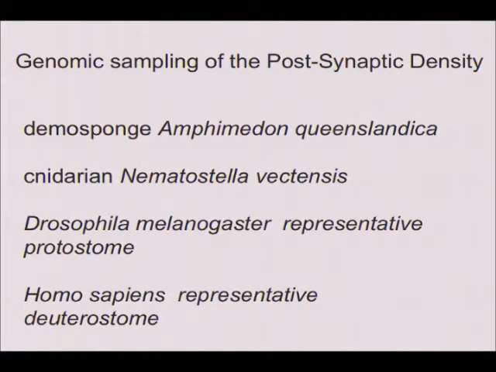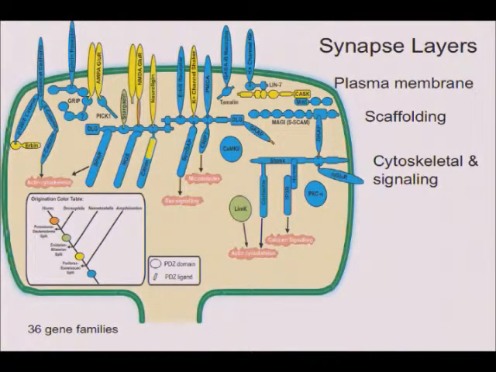We pulled out from all these species with nervous systems a set of synaptic genes, and then searched for those same genes in an organism that doesn't have a nervous system. And to our surprise, there were lots of synaptic genes in the sponge.